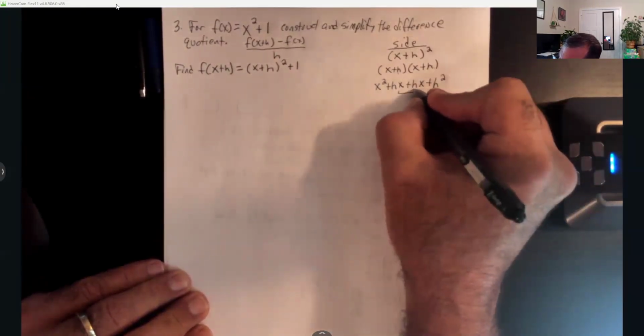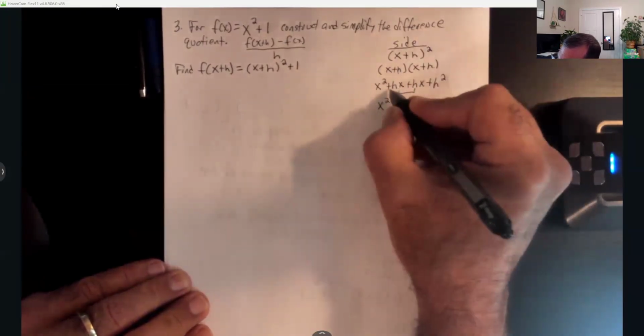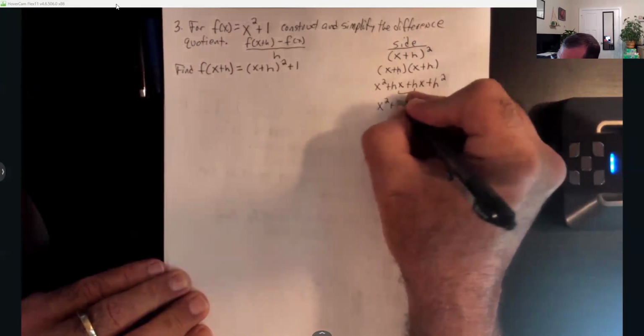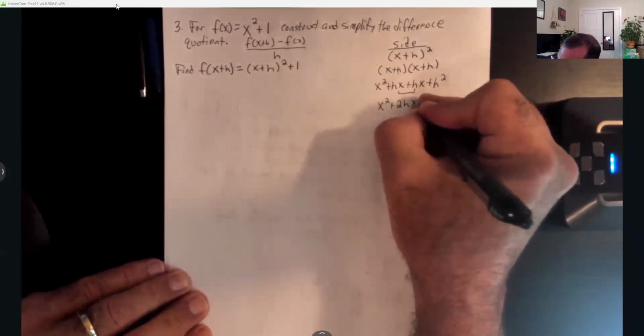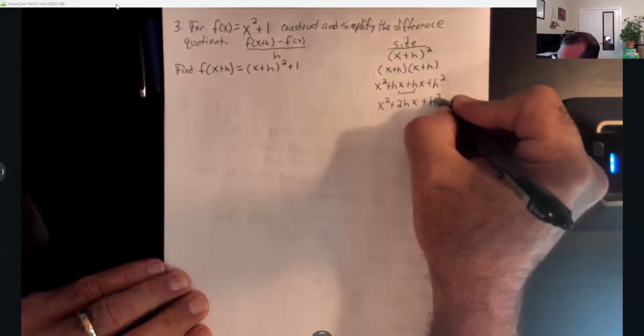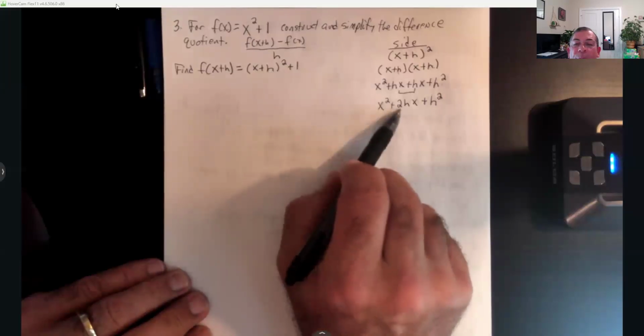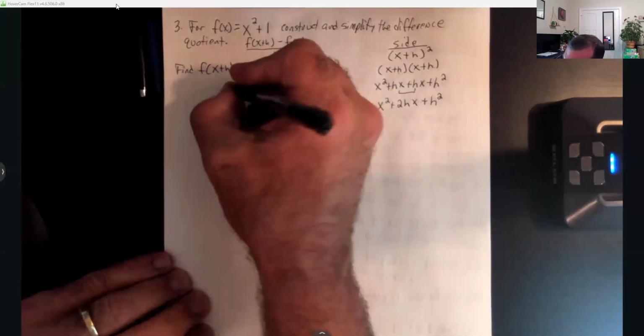So we're going to add the like terms. So we bring down our x squared. 1 plus 1 gives me 2hx. And then at the end, bring down my h squared. So anytime we get this, we're replacing it with that.